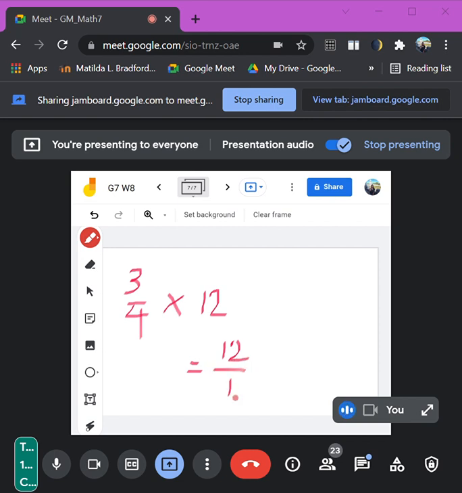It has 1 as your denominator. Okay, because 12 divided by 1, that is still 12, which is a whole number. So you can change that whole number 12 into 3/4 times 12 over 1.